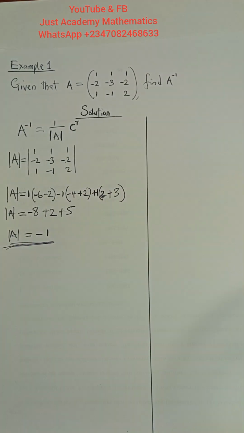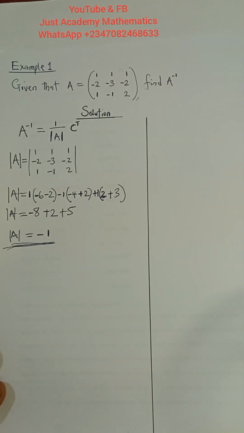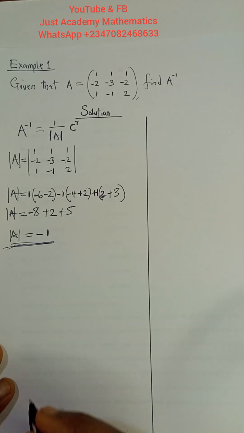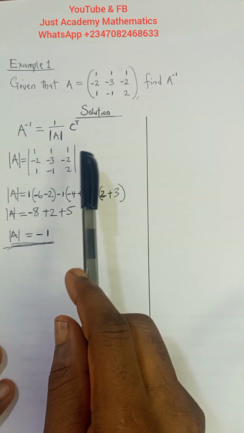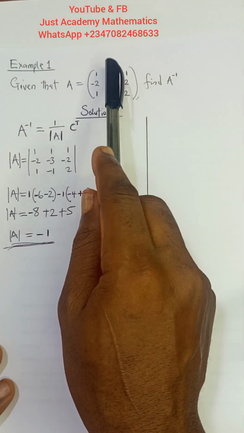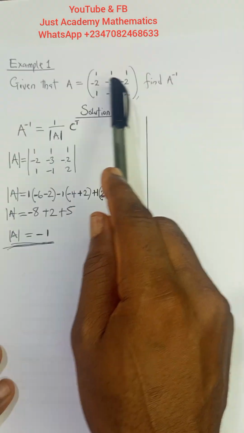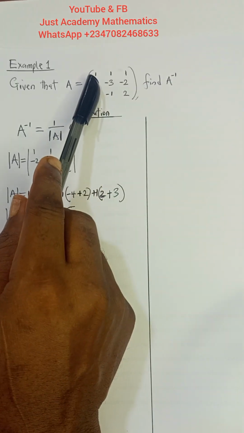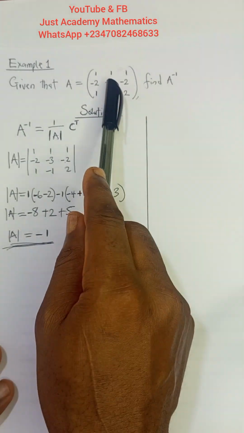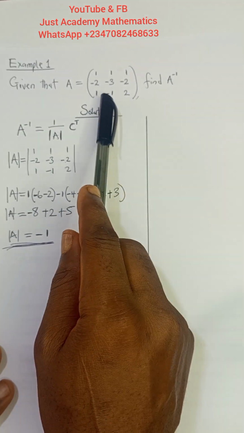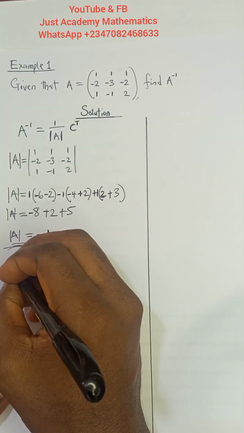The cofactor. Now the cofactor, I will need to show it. Remember I said we alternate plus and minus, starting with plus, minus, plus, minus, plus, minus, plus, minus, plus. If you start with this first one as plus, everything under is out, everything on the side is out. You are left with -3, -2, -1, 2. This is what I mean by that.